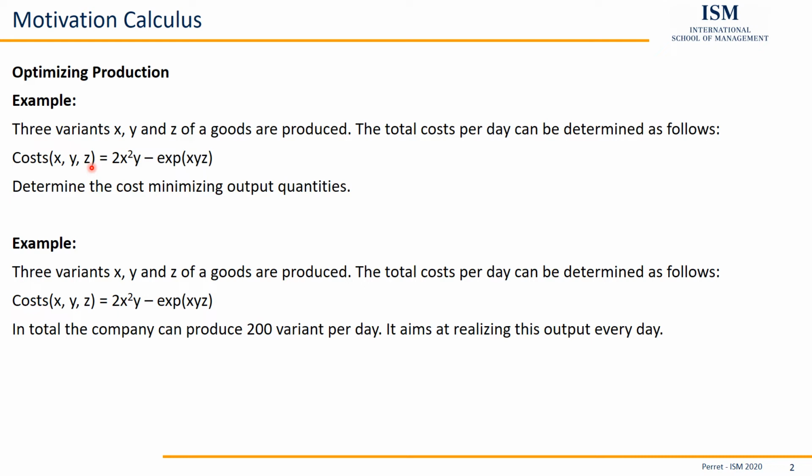So in other words, the sum of all produced goods should be 200. Meaning, if we want to solve the same problem, we have an additional constraint, as in the sum is equal to 200. We have an equality constraint.